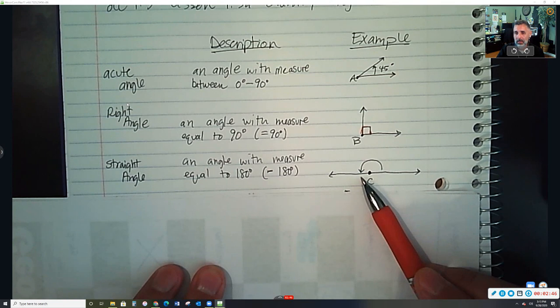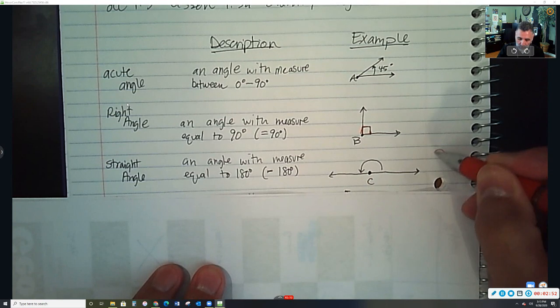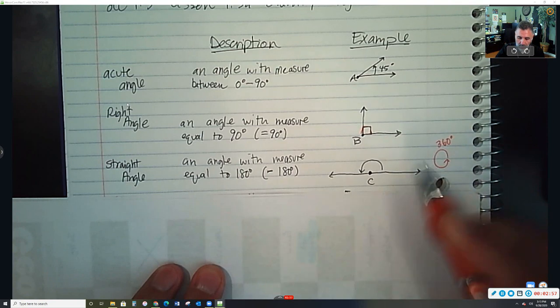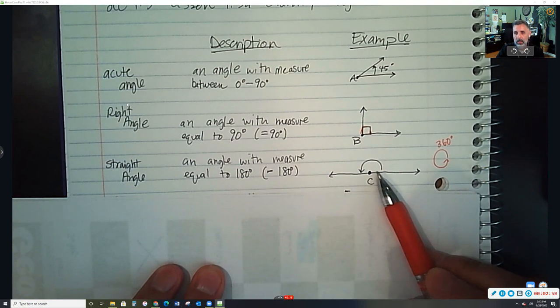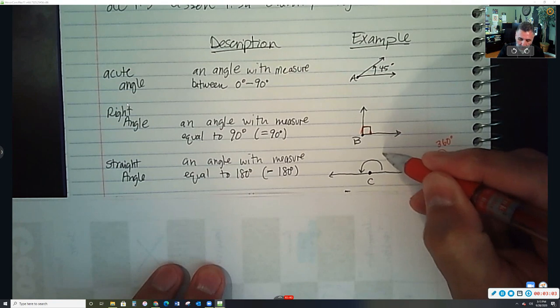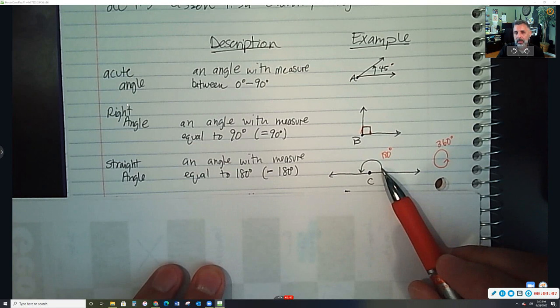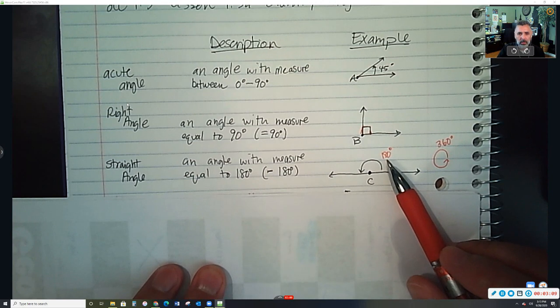That's half a circle, or half a rotation. And remember, one rotation is 360 degrees. So half would be the 180. Okay. So I'll go ahead and put 180 right now, but you may not always see it that way.